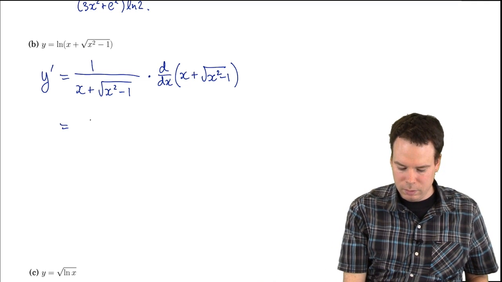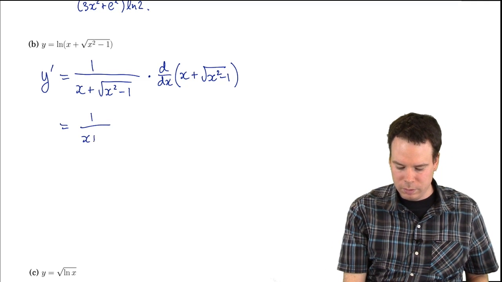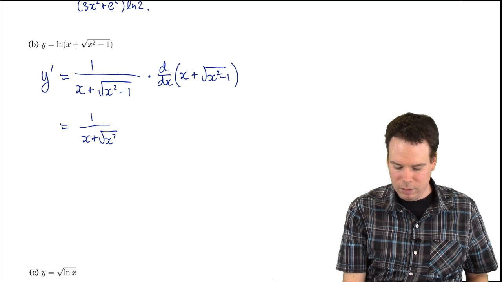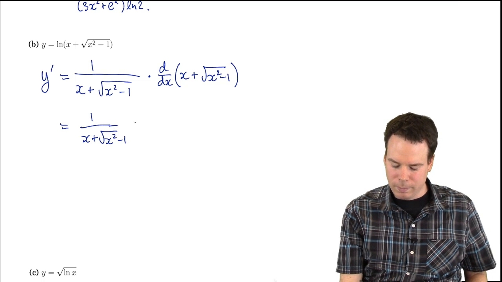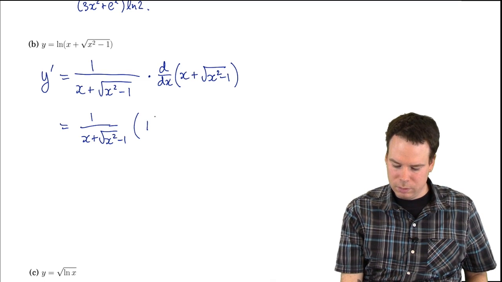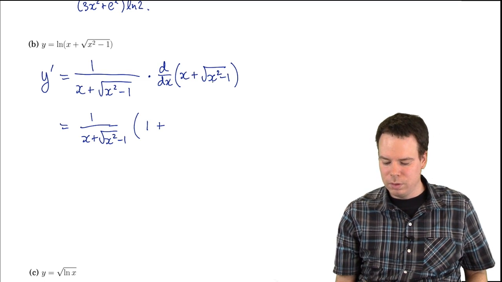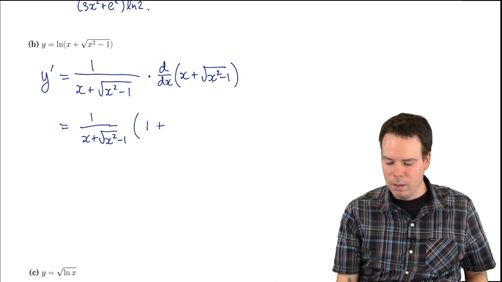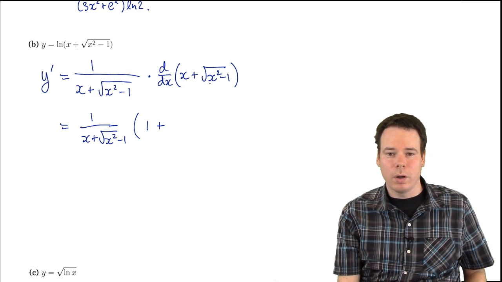And that means now we go to work on the derivative of the inside function. Well, it's the derivative of the first term, which is just derivative of x is 1, plus the derivative of the square root of x squared minus 1.